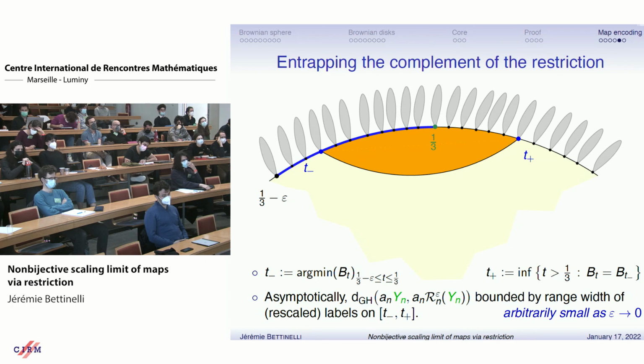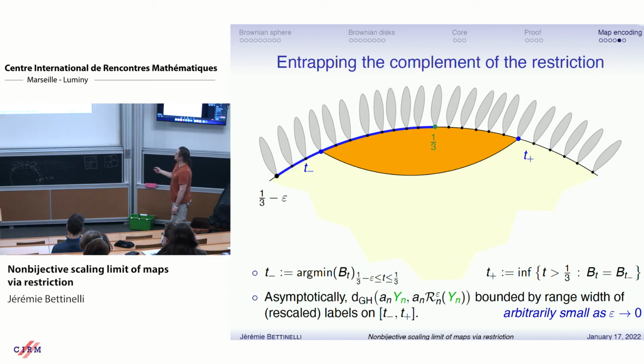So this gives me a bound. And so it's just a matter of seeing that you have a Brownian bridge. So it's just a computation. You just see it on the Brownian motion, and you see that it's going to be arbitrary, right?